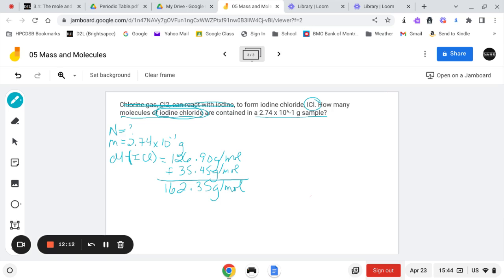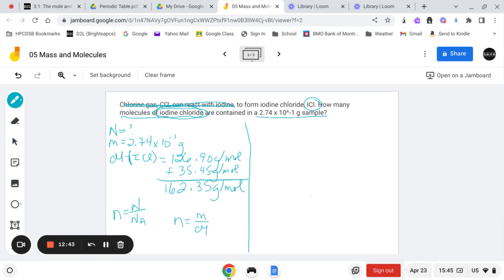Okay, so that should be enough. We don't have Avogadro's number written down, but we should be starting to get the hang of the fact that we know Avogadro's number. So here are my formulas again. I have n equal to capital N over N_A, and then I have moles equaling mass divided by molar mass. So which one do I have to start with? Well, you start with whichever one you know two pieces of information for.